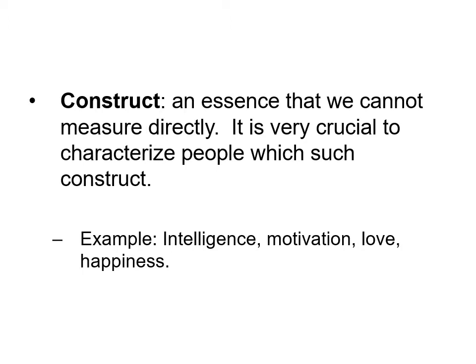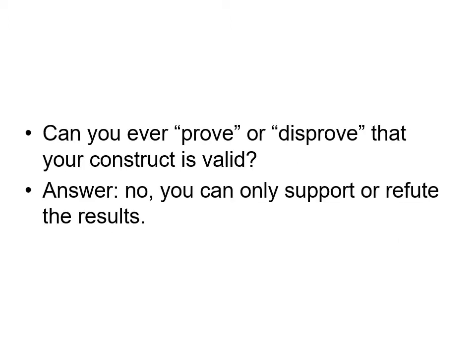This is why you see things like surveys, self-report, these kinds of things. Now, when it comes to a construct, you can never prove or disprove a construct, and therefore you can only support or refute your results.